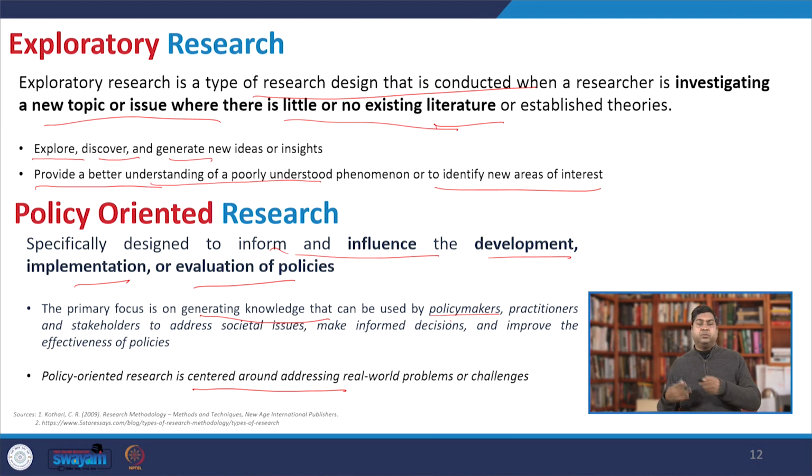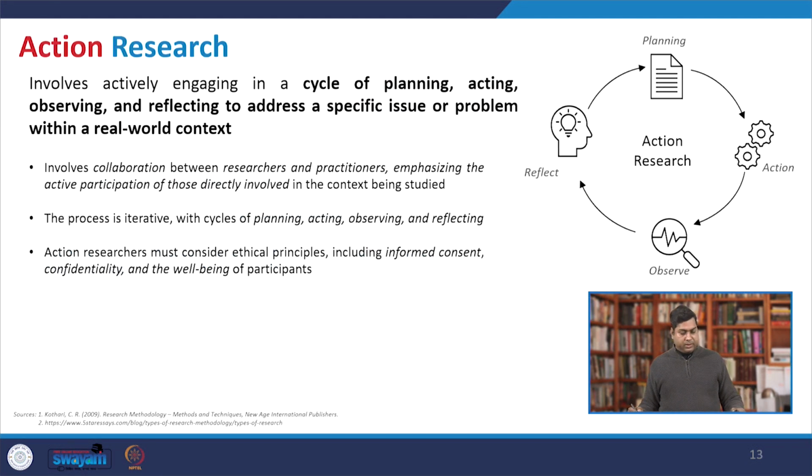So if there is a policy, say a zero carbon state policy, then to achieve it, what kind of strategy do we need to make? We need to find that out through research. That is policy oriented research.